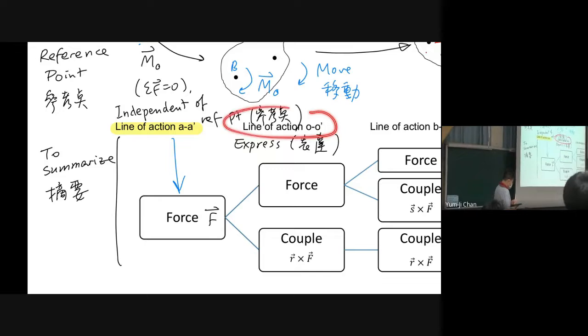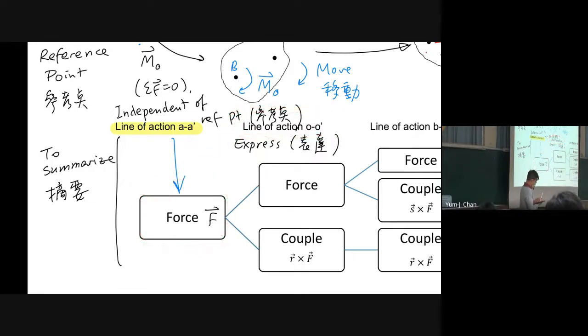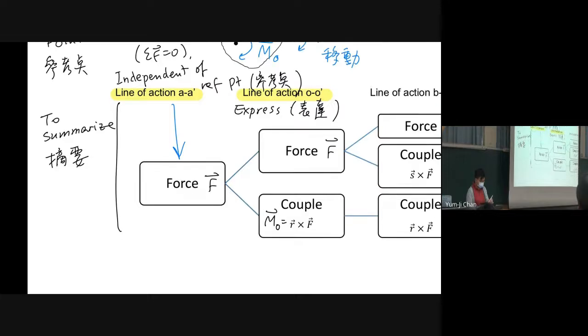We want to express this force along the line of action through O, and along point O. Therefore, by the free force method, we will get F, and we will get MO here. This is called a force couple system.